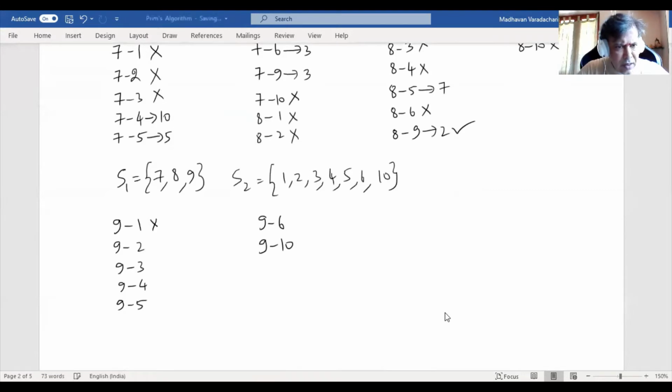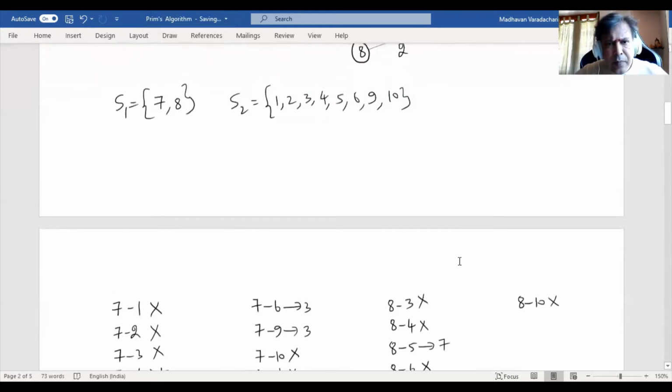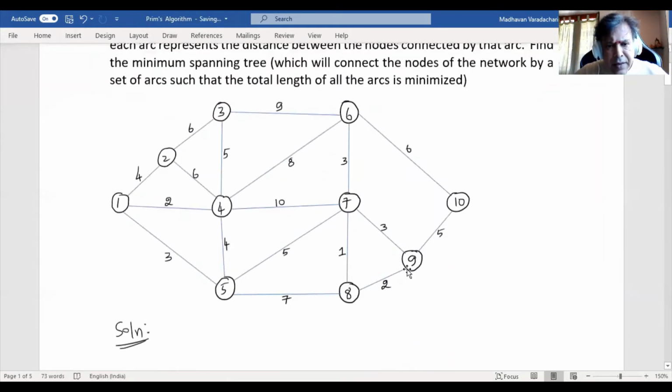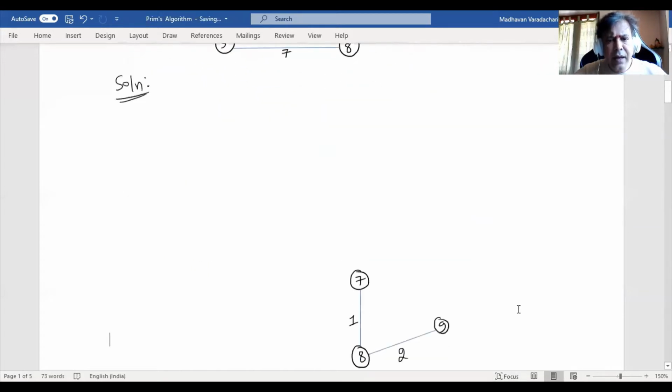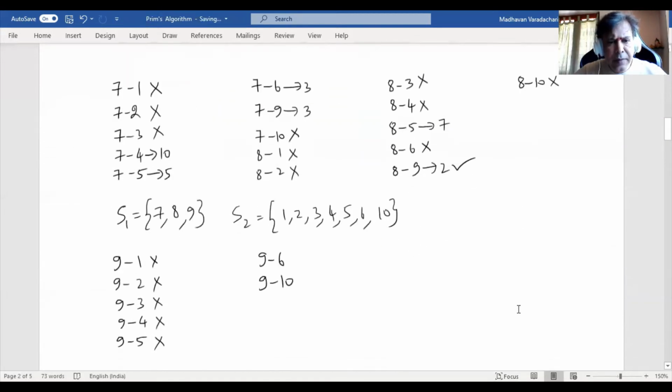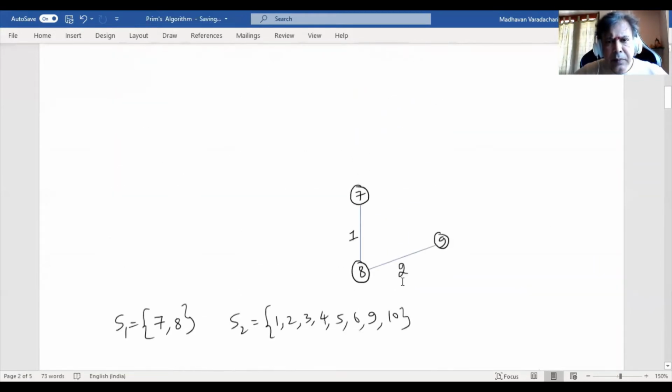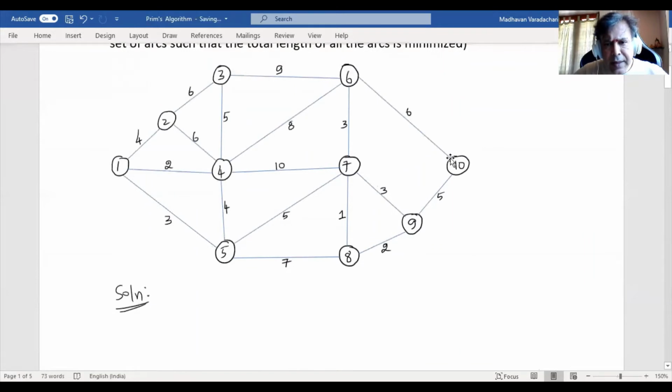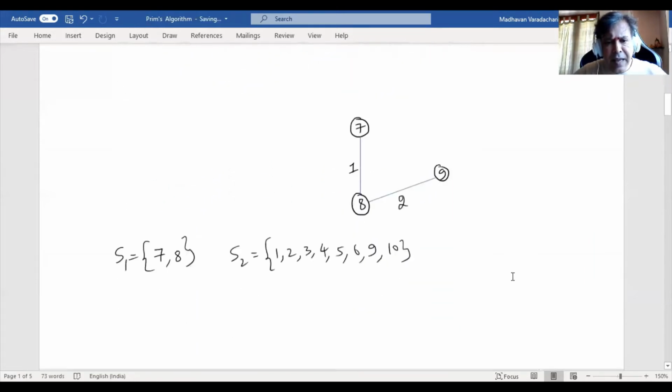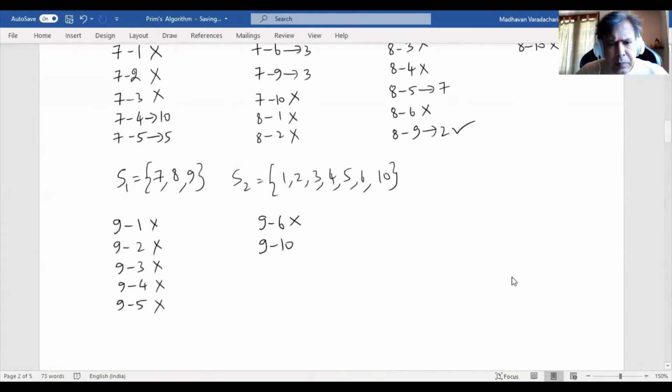So 9 to 1 is not there, 9 to 2 arc is not there, 9 to 3 arc is not there, 9 to 4 arc is not there, 9 to 5 arc is not there. 9 to 6, you see, 9 is here, 6 is here, there is no direct arc. So 9 to 6 is also not there. Now 9 to 10, 9 is here, 10 is here, there is an arc and the distance is 5. So this distance is 5.